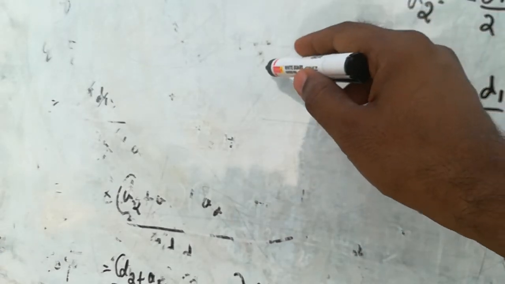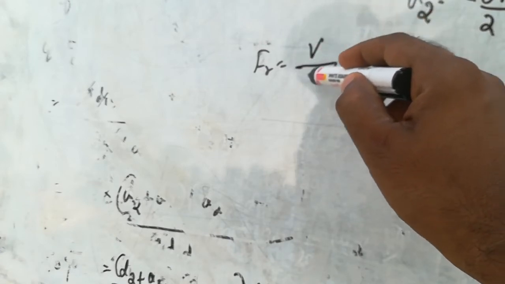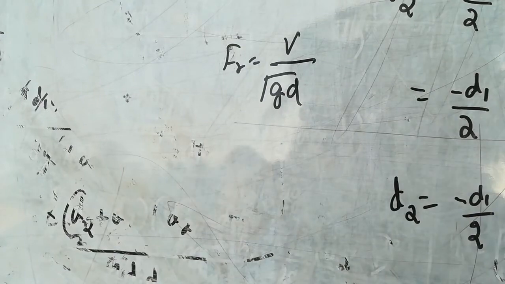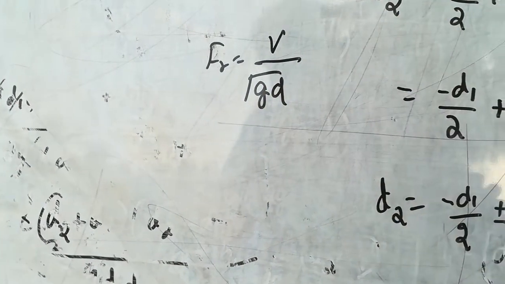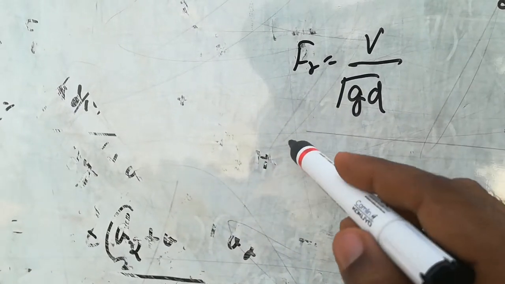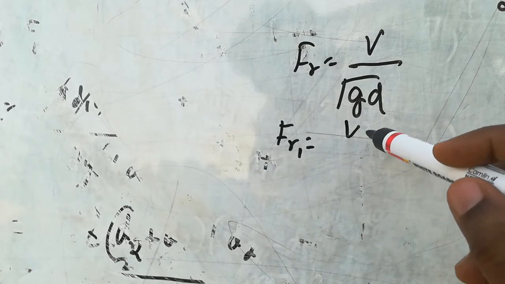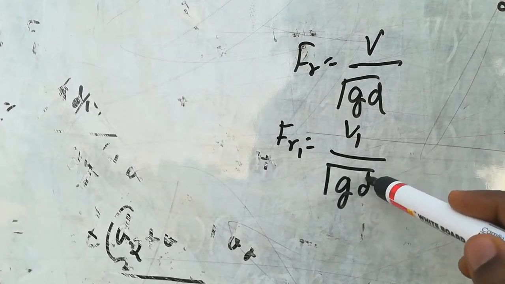And we have the Froude number formula, Fr is equal to v by root of g d. So for section 1, Froude number 1 is v1 by root of g d1.